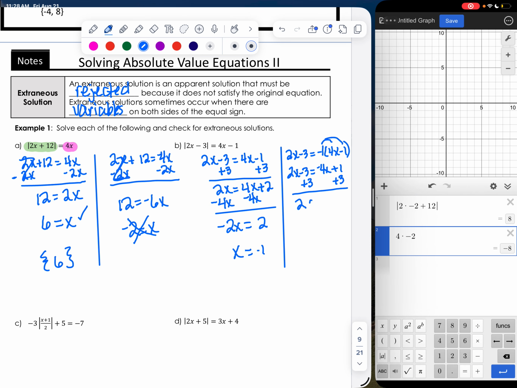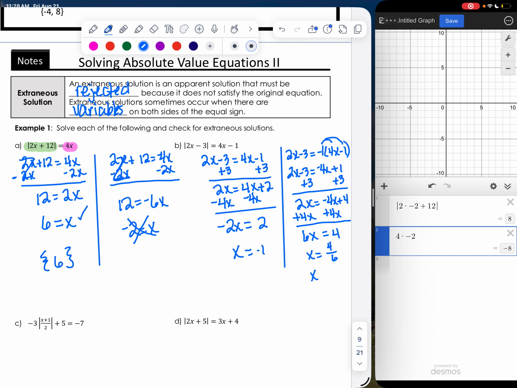So 2x equals negative 4x plus 4, and then add 4x. So that's going to give me 6x equals 4. Divide both sides by 6, so 4 over 6, and that reduces to 2/3.